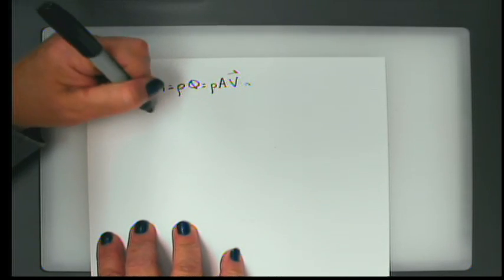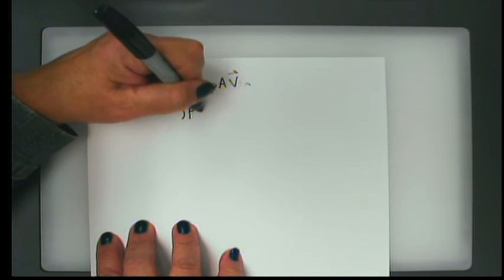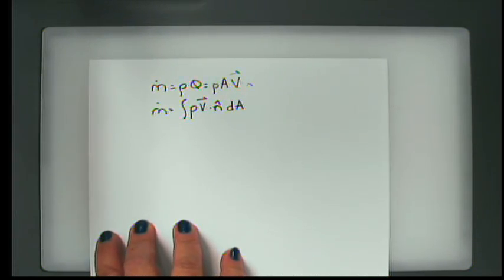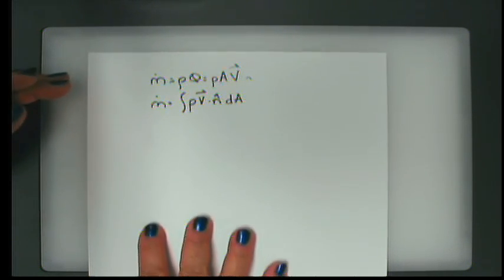So you can see then that m dot, if we integrate over this area, looks like this. And that is actually equivalent to the expression that we got when we talked about the material balance or the Reynolds transport theorem.